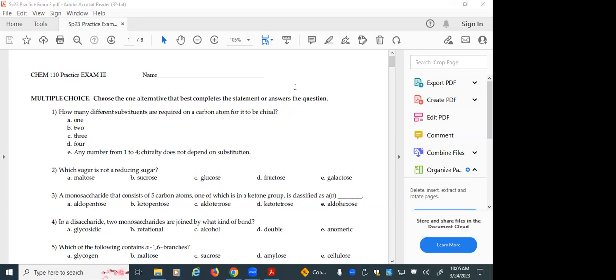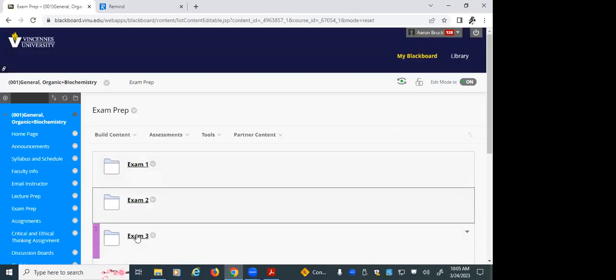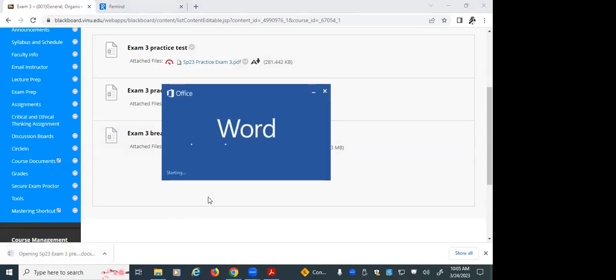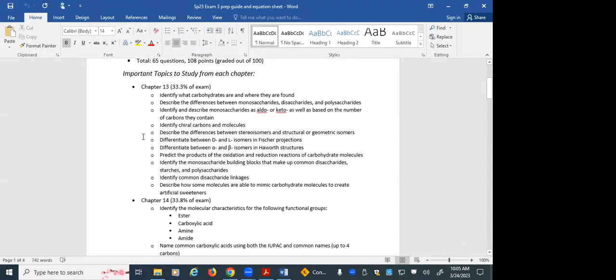And they were specifically about Haworth structures and Fischer projections and what we need to do with them. The important thing to know, and I believe I put this into the study guide, and if I didn't, then I'll make the adjustment, is that as far as chapter 13 is concerned, there isn't anything in here about needing to be able to draw Haworth structures.